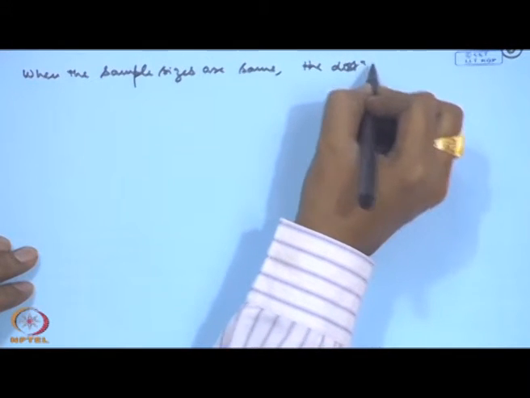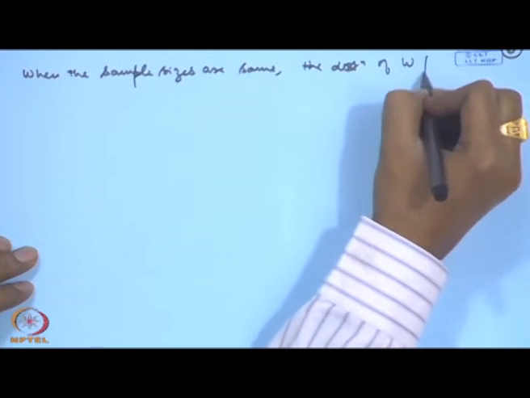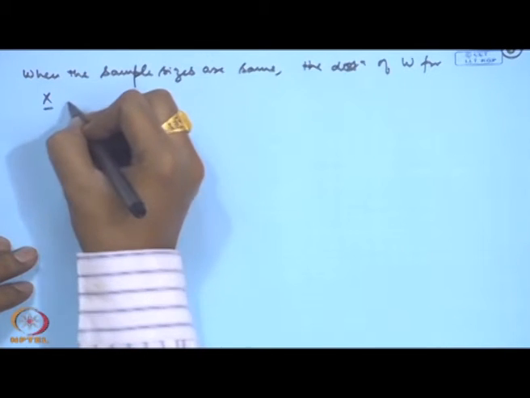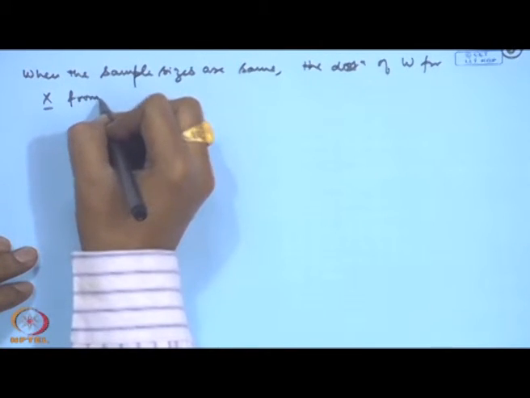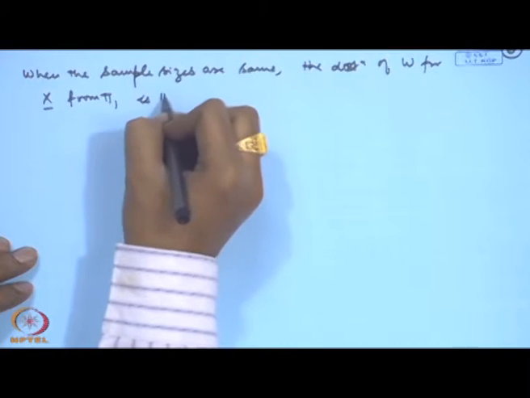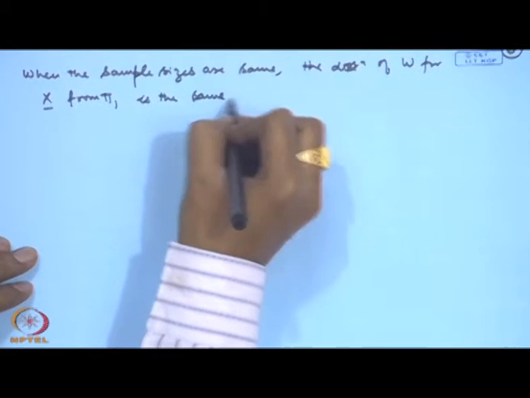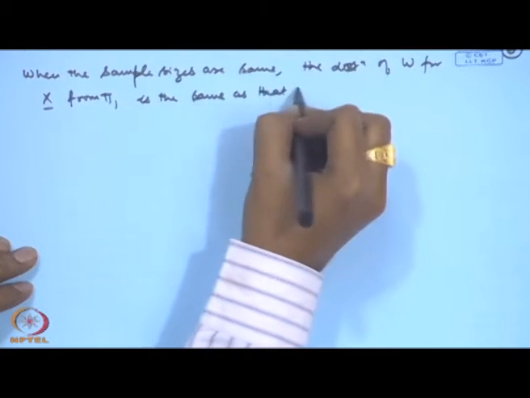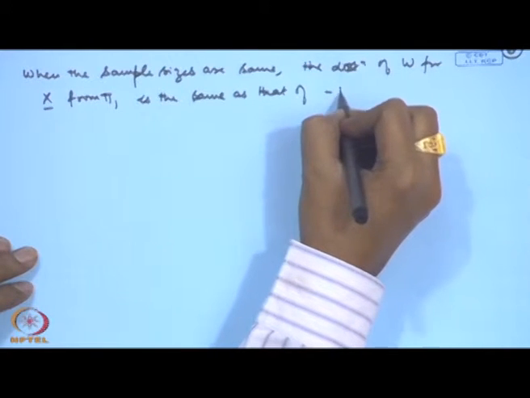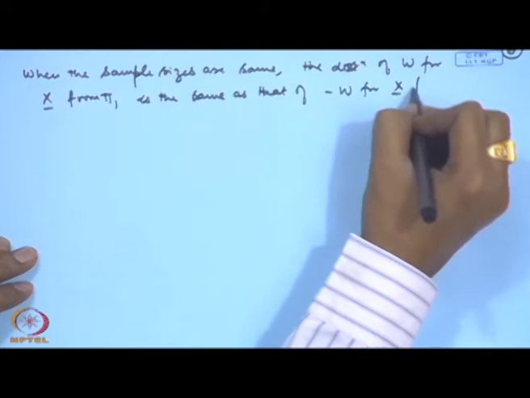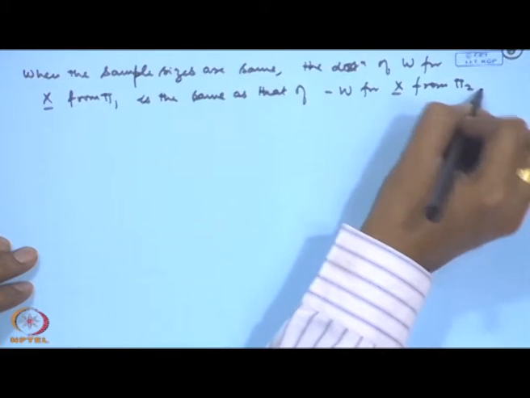the distribution of W for x from pi 1 is the same as that of minus W for x from pi 2.